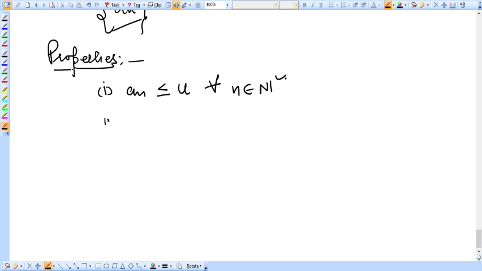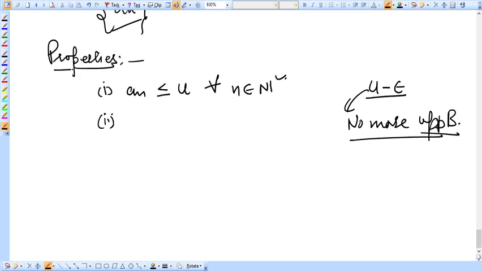Secondly, the second main property: if I subtract anything, however small, from this number, it will be no more an upper bound. That is, an is greater than or equal to U minus epsilon for some n.